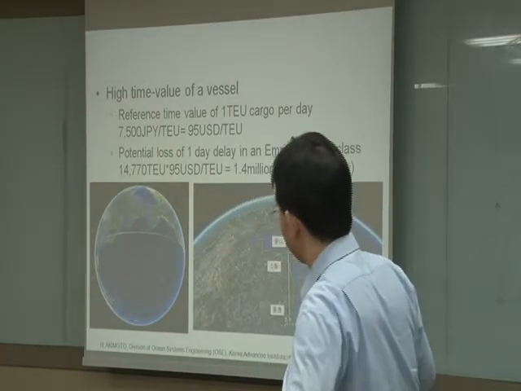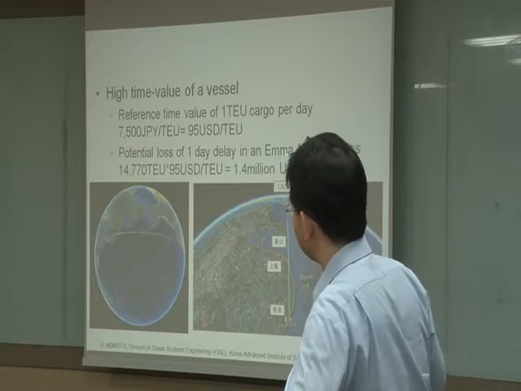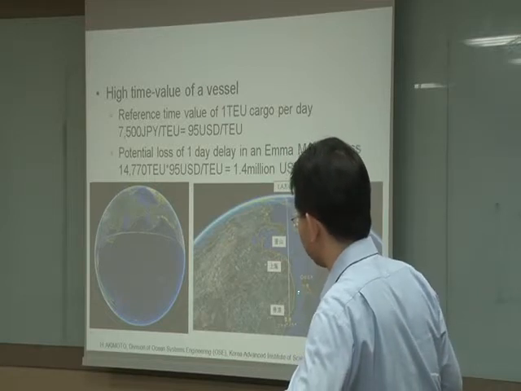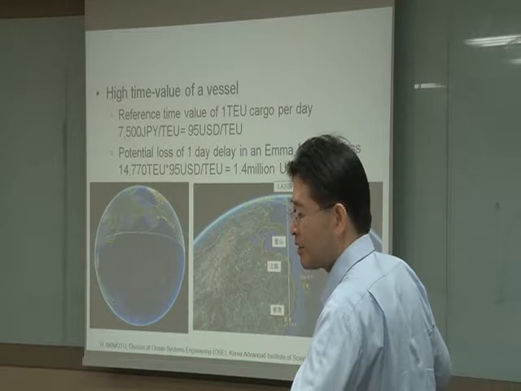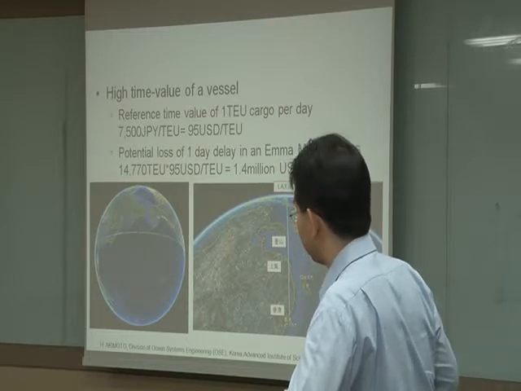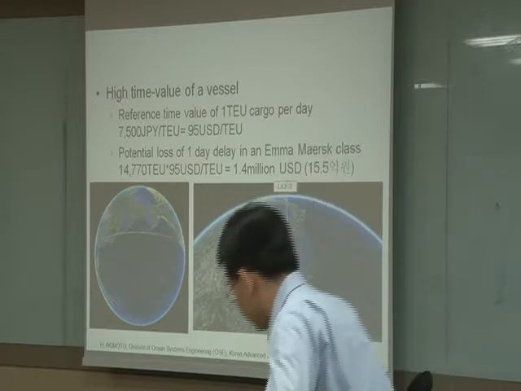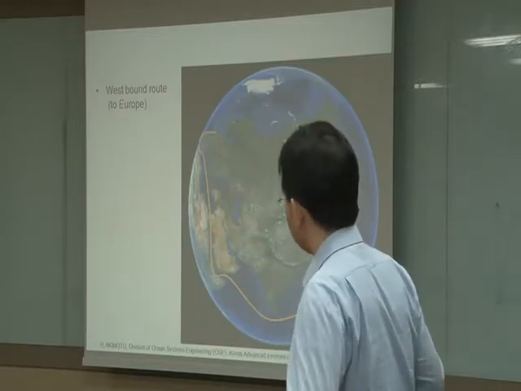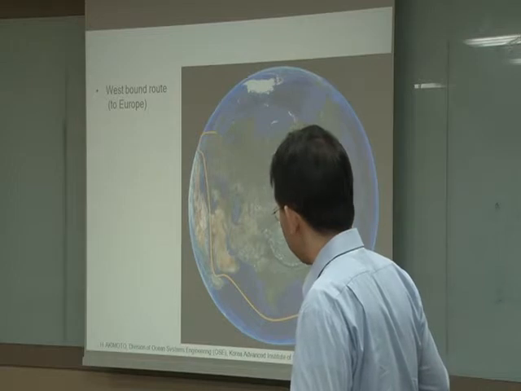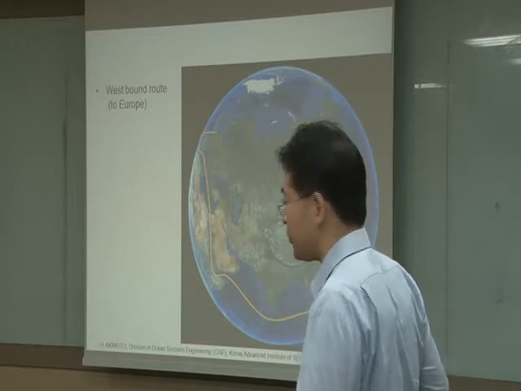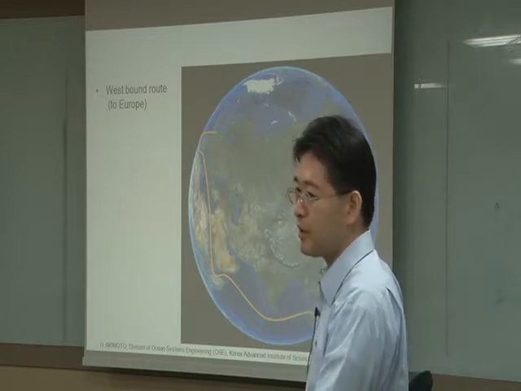I forgot to say something. This example shows an Emma Maersk class container ship, but Emma Maersk is not on this route. Emma Maersk is designed to be operated on this route. Emma Maersk has sister ships, 7 sister ships.